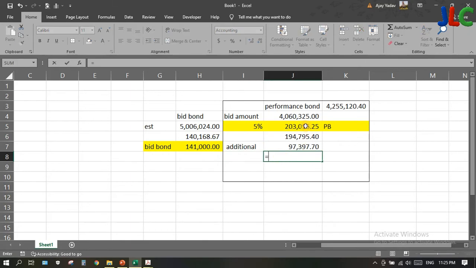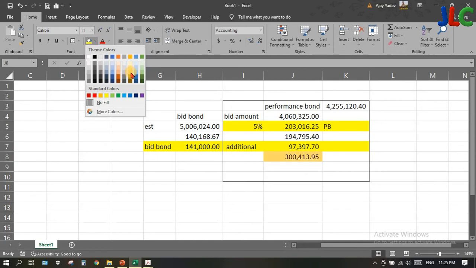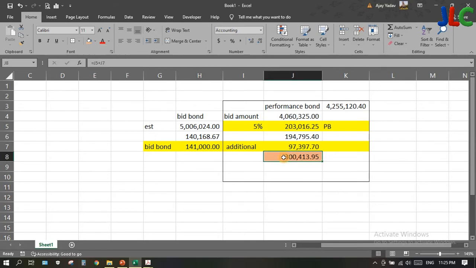To get the total PB, we will add both amounts. Now this is our final PB, performance bond. The successful contractor needs to bring the bank guarantee of this much amount if it had the bid amount of 40 lakhs. But if the bid amount was 45 lakhs, then they need to bring only 2 lakhs performance bond.